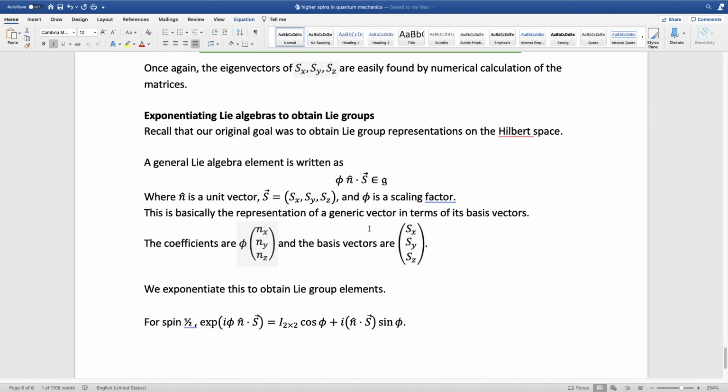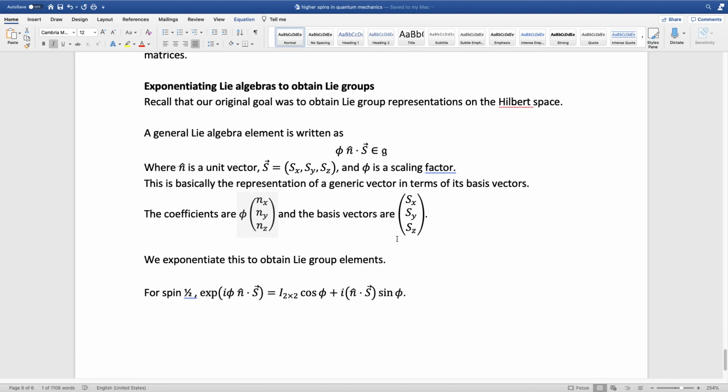But more generally, we can still write it like that because they are defined in the abstract sense by their Lie bracket and so on. So we can exponentiate this to obtain Lie group elements.